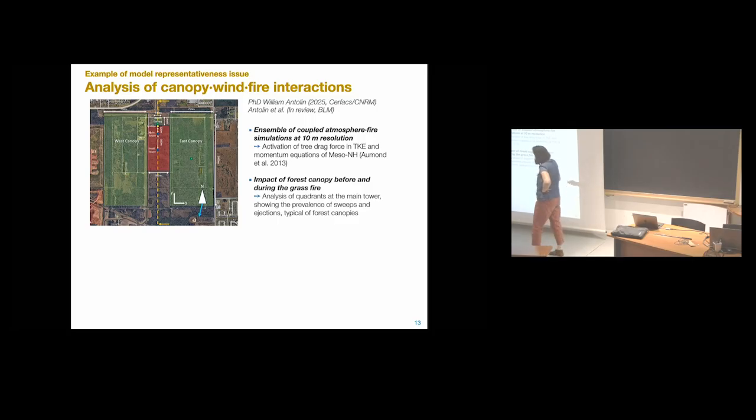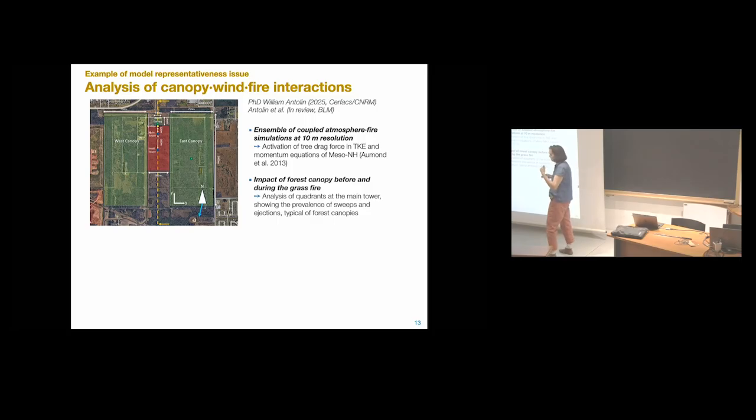For this, we were able to run again a coupled atmosphere-fire simulation at 10 meter resolution with an ensemble like Aurélien, but we had two sets of simulations: one set assumed there was only grass, so no canopy, and the other set activated the tree drag force.